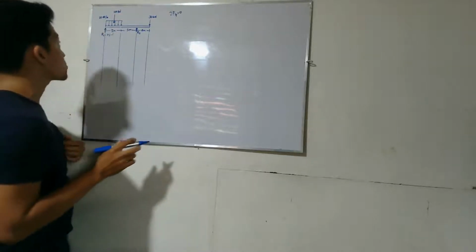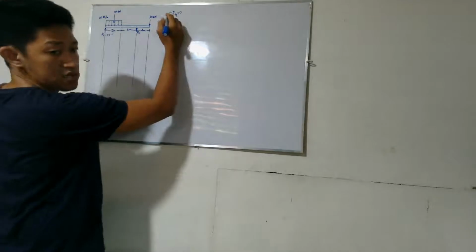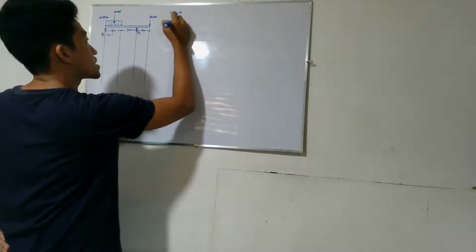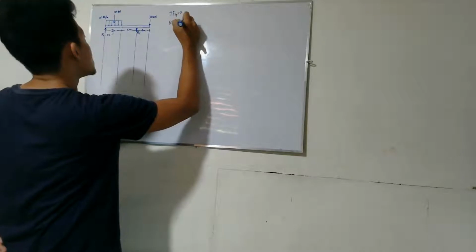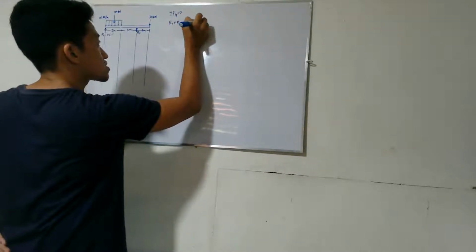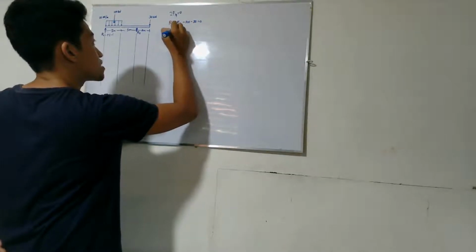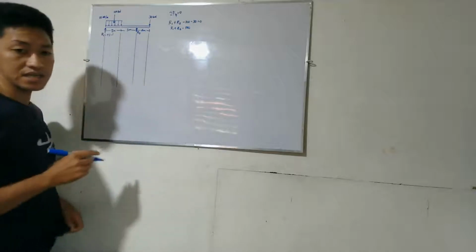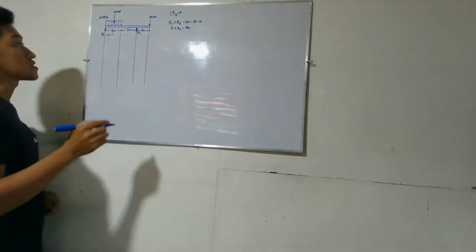So you have R1 plus R2 minus 100 minus 30 equals 0. So R1 plus R2 is equal to 130. This is the first equation.